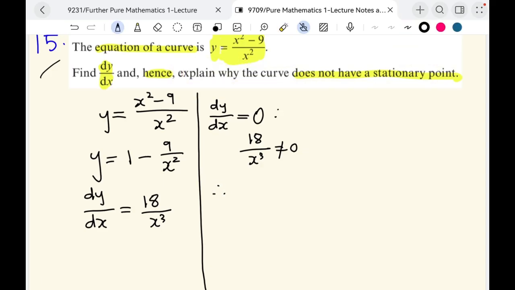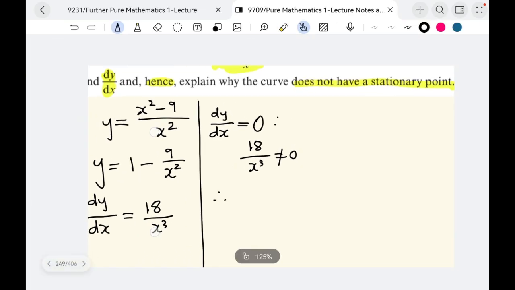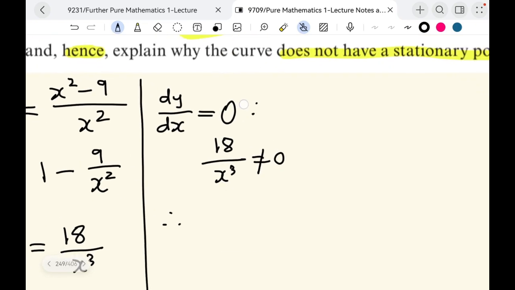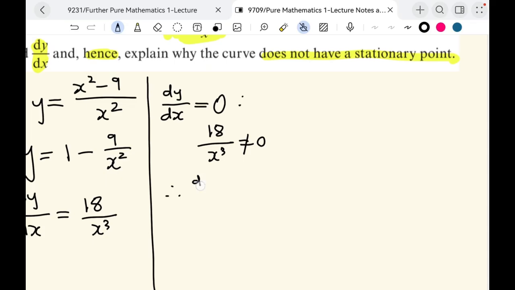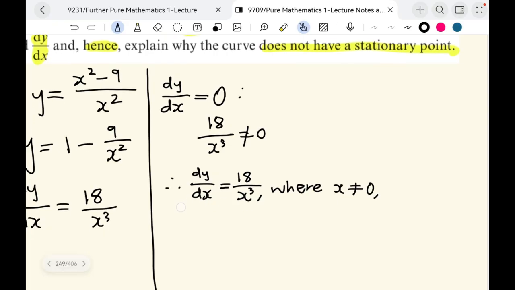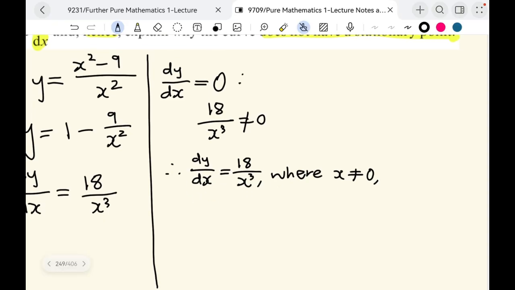So you should write the statement over here. Why does it not have a stationary point? Because dy/dx is equal to 18 over x cubed, where x cannot be 0. For x equal to 0, the gradient function becomes undefined.